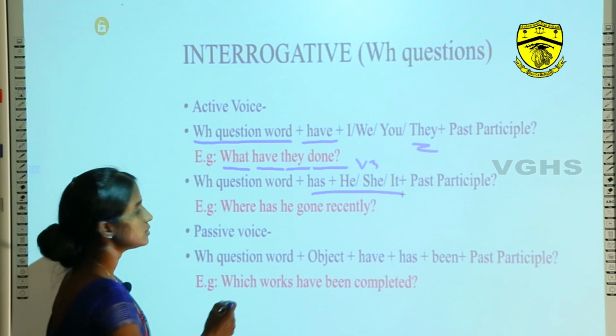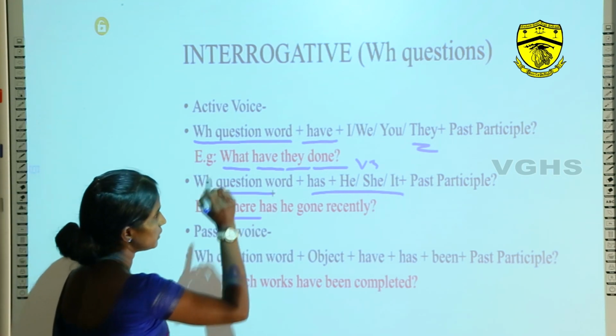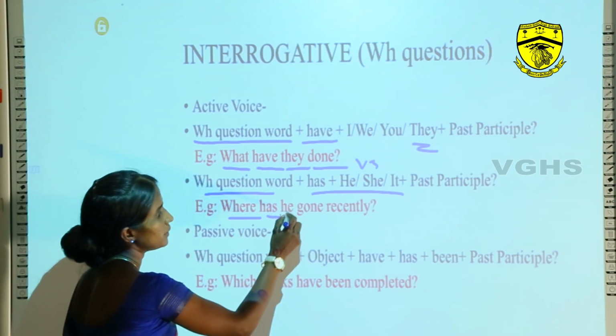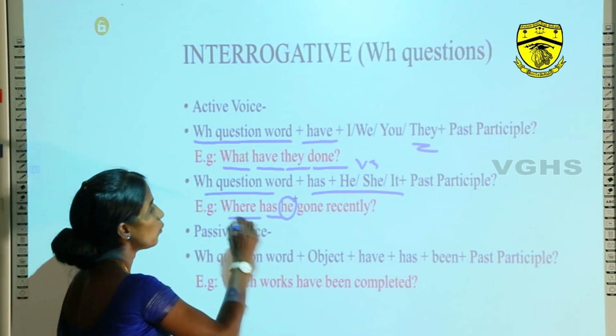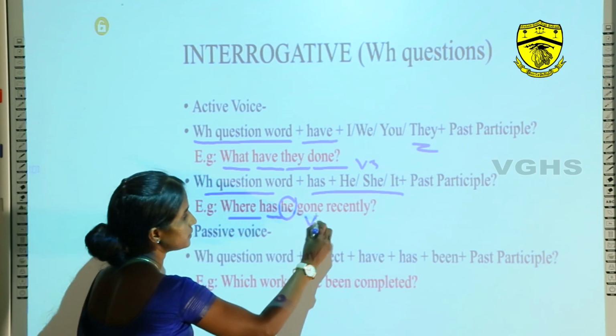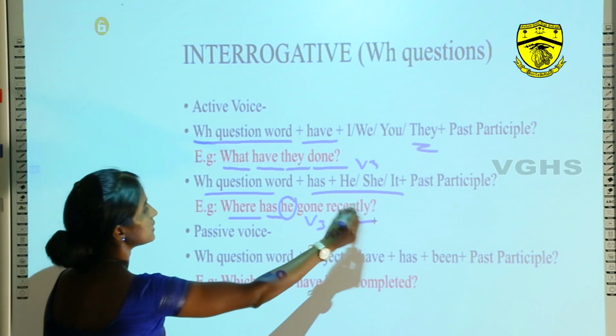Why do we put has here? Because he is a singular subject. Gone is the verb 3, and recently is the adverb. Where has he gone recently?